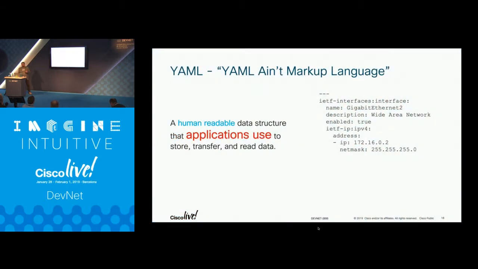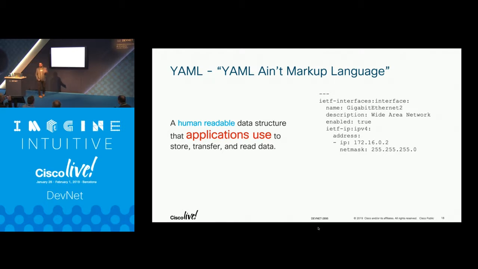And again, we've talked about XML, we've talked about JSON, we haven't done anything with them yet. But we also have YAML, and this stands for yet another markup language. So they were pretty snarky about that, although the argument is that it ain't a markup language.